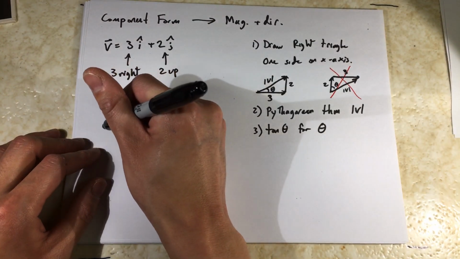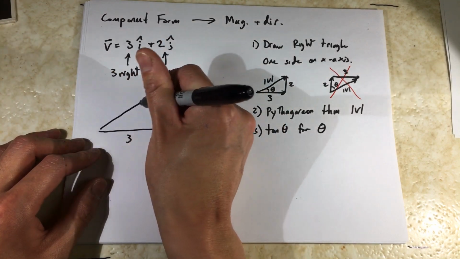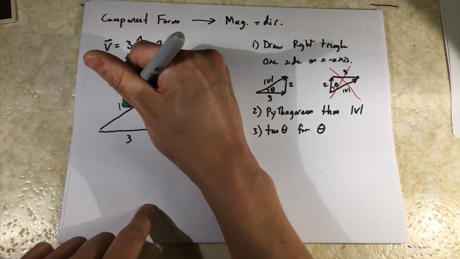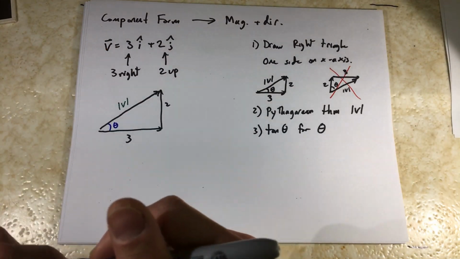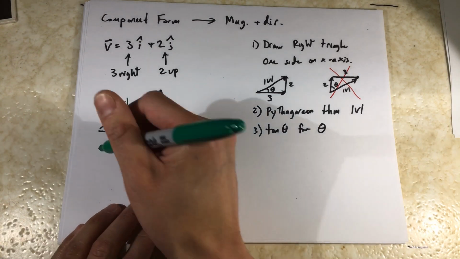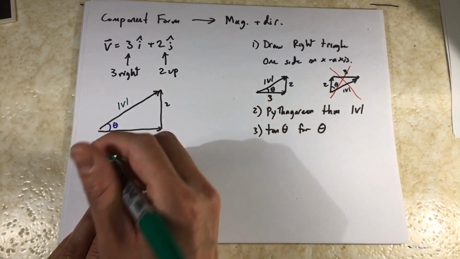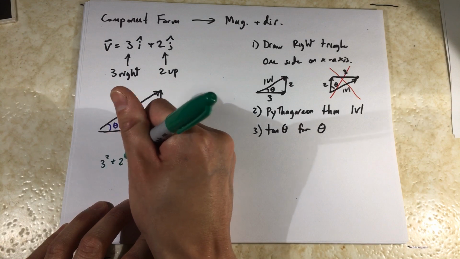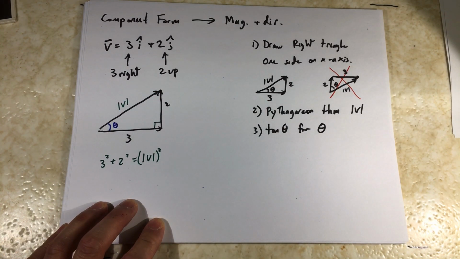All right, so let's do this. Let me draw this triangle a lot bigger. Here I'll do some color coordinating. Our magnitude and our angle here. So let's do the magnitude first. The magnitude is the Pythagorean theorem. So we have a squared plus b squared equals c squared. And this is our right triangle. So we have 3 squared plus 2 squared equals the absolute value of v squared.